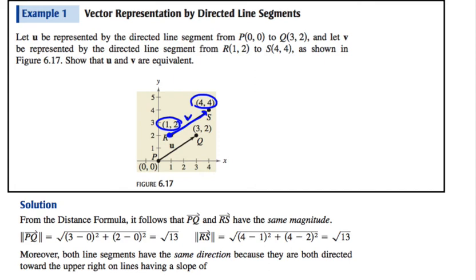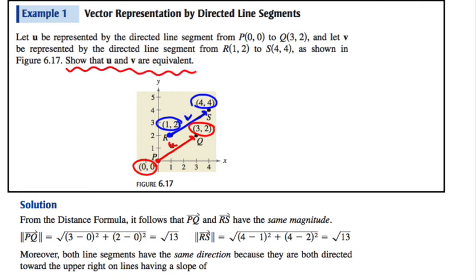Then we have another vector starting at initial point P, heading off to Q, and we call that u, with the ordered pairs (0, 0) and (3, 2). And we want to figure out, are these two vectors equal to each other? Are they equivalent? That's what we want to show.